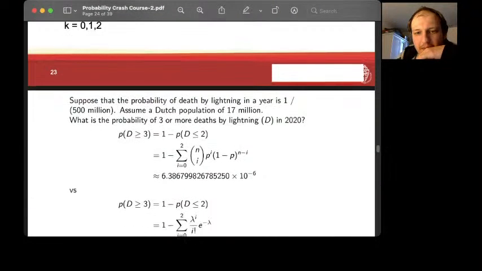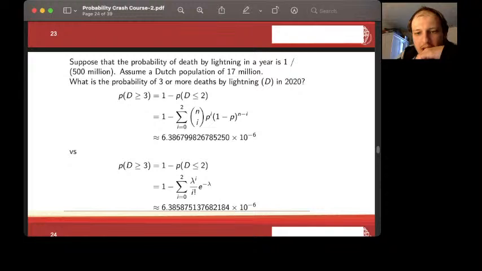And we fill it into the respective formulas to get the final answer.